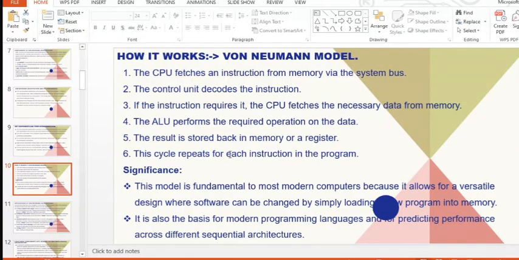So we use the register for temporarily storing your data or your instructions in the computer for you to be able to execute them in sequential execution.